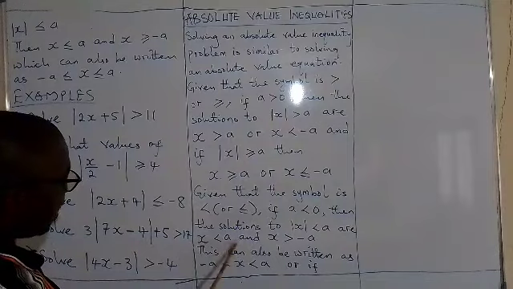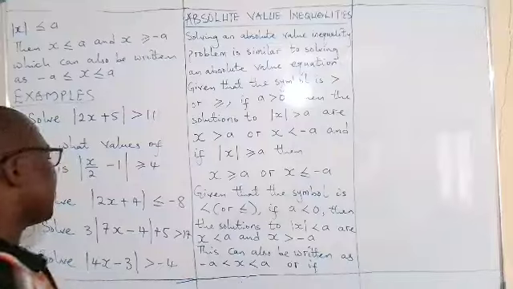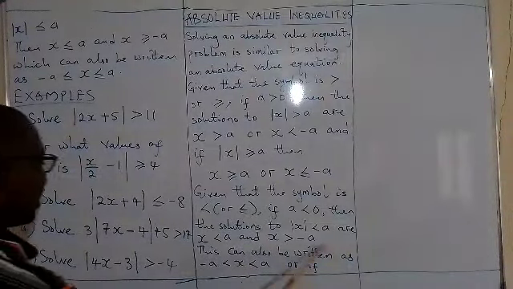So X is less than A and X is greater than minus A. This can also be written as minus A is less than X is less than A.